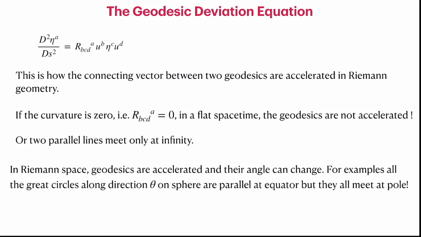If the curvature is 0, as in flat spacetime, the parallel geodesics or straight lines would not meet at all. On the sphere, they all meet at the pole when theta is 0 or theta is pi, while on the equator, all these geodesics are parallel to each other. Okay, let me stop here and continue in the next video.